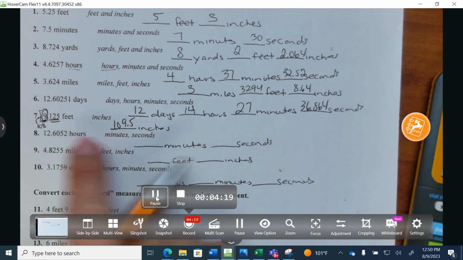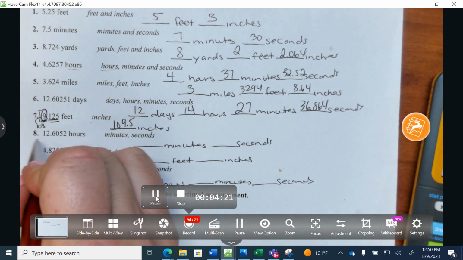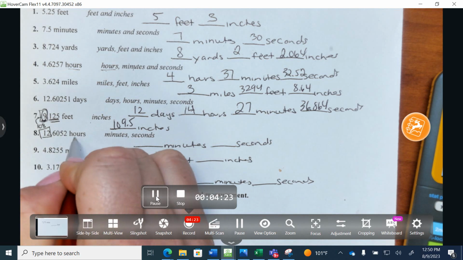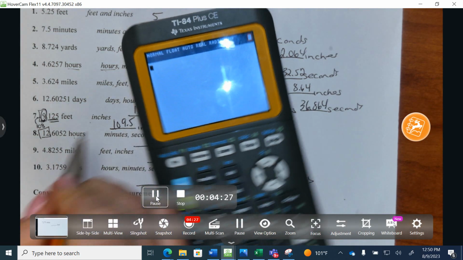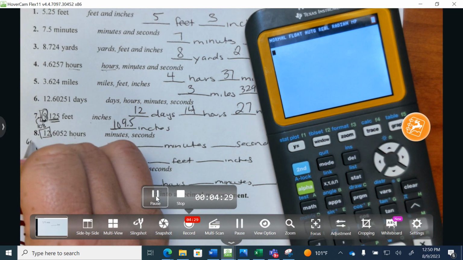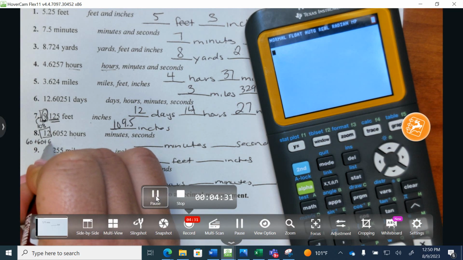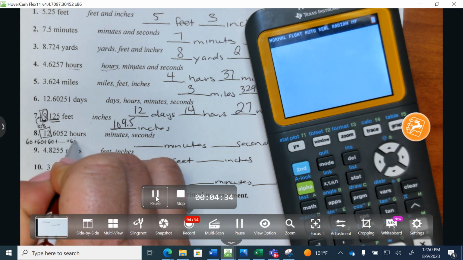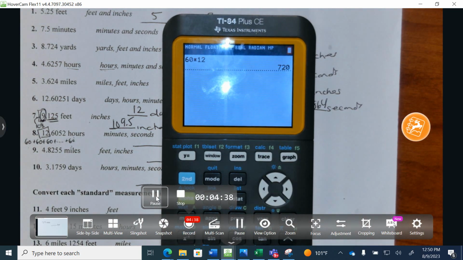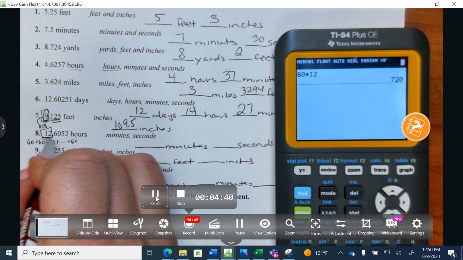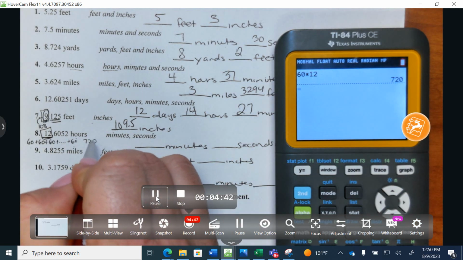We're going to convert hours into just minutes and seconds. So each one of these 12 hours consists of 60 minutes each. So if I was going to write it all out, which I'm not going to, it would be 60 plus 60 plus 60 plus 60, I would do that 12 times. So 60 times 12 is 720 minutes. This portion alone is 720 minutes.